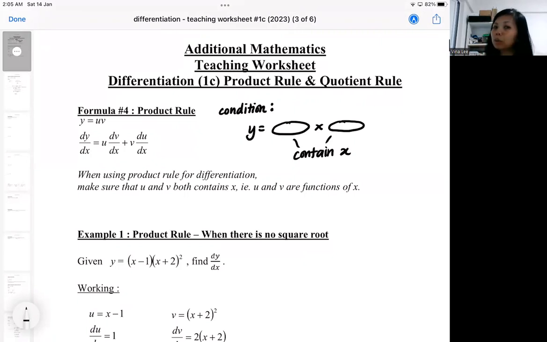Then we do not need to use the product rule. If this condition is not satisfied, maybe it is a number multiplied by a function. In this case, we may end up using chain rule.